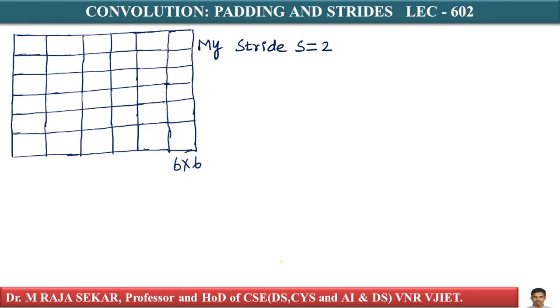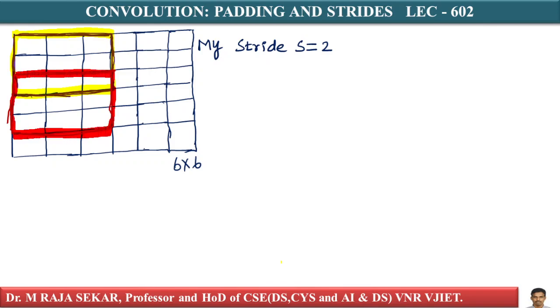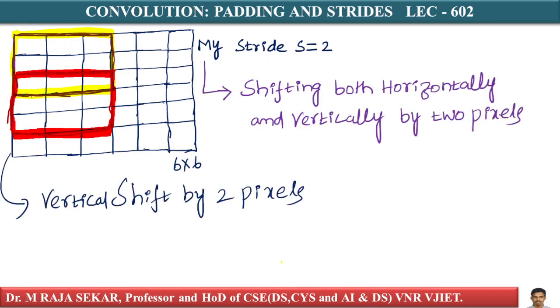Whenever I say stride s equals 2, you are shifting both horizontally and vertically. Now you shifted vertically; this is known as a vertical shift. Stride s equals 2 means shifting both horizontally and vertically by 2 pixels.